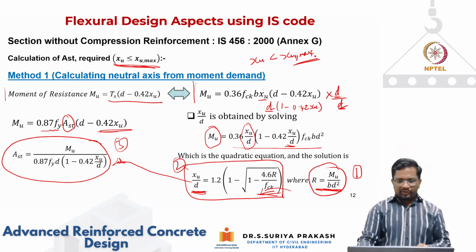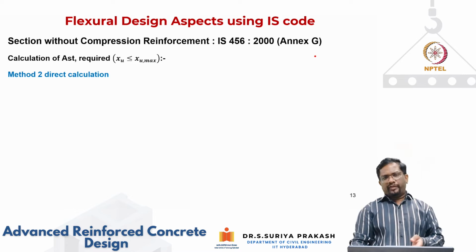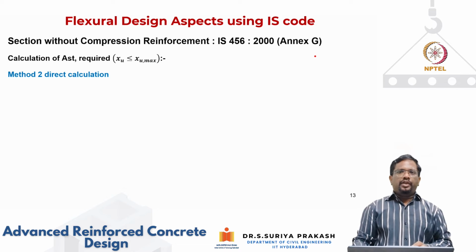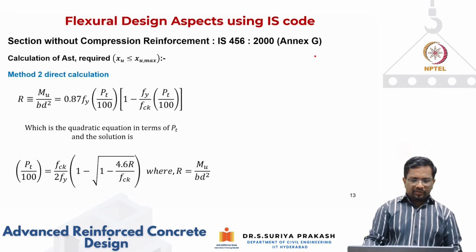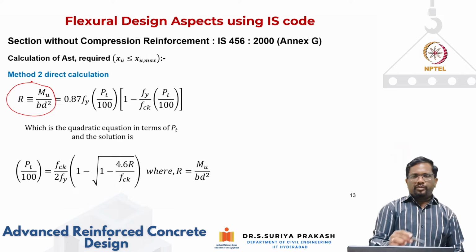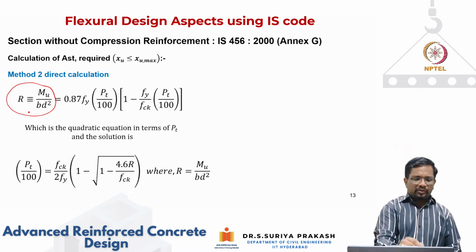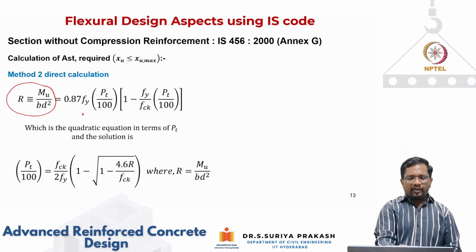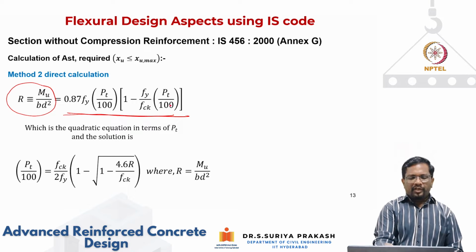The second approach is what we have done previously, where we expressed Mu and pt as a quadratic equation, right? Again, if you look at it, R, which is your input from your structure analysis, moment is given to you. Once your breadth and depth is chosen, you can calculate this R value. We have expressed this equation in terms of pt.